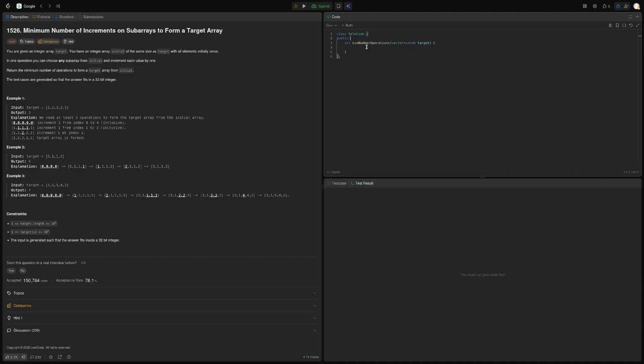So let's see, we need union find, so let's just define it here. Target size, and let's have an unordered, no, I don't want an unordered map, I want to go backwards through them.